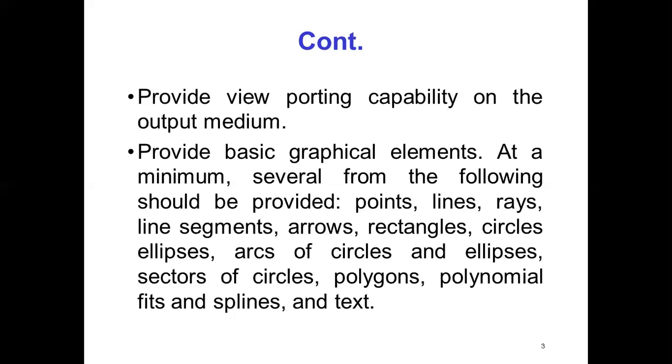Such facility makes our computer graphics package more user friendly, because just by clicking we can select any arrow, rectangle, circle, point. This is called the user friendly nature of the computer graphics package.